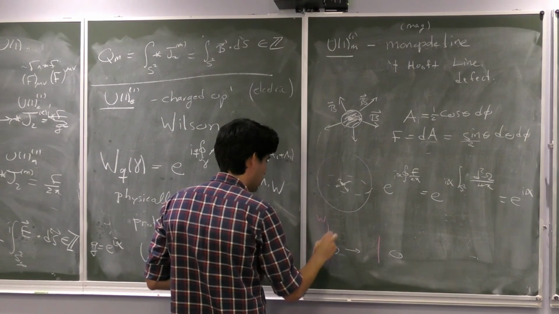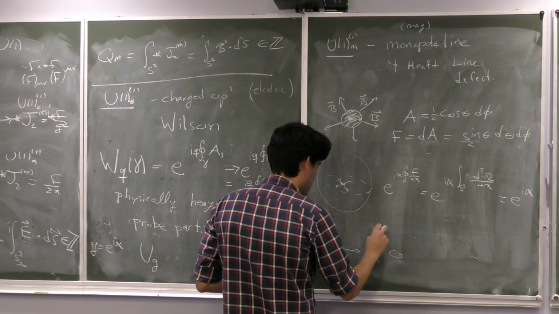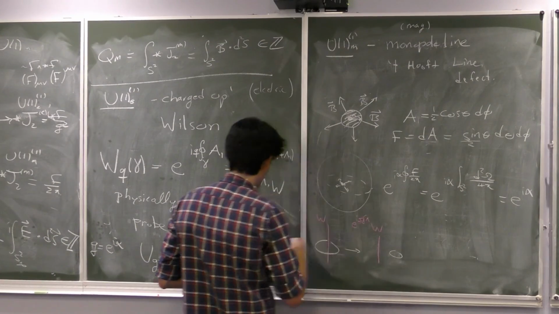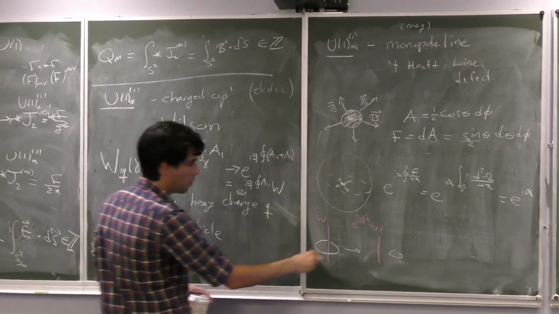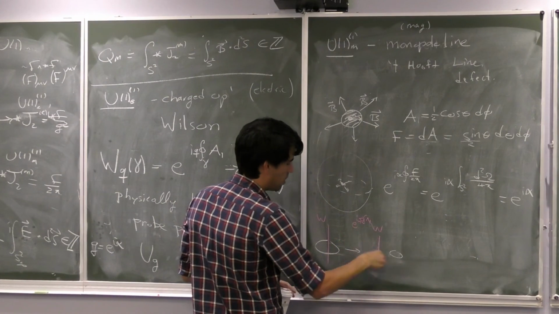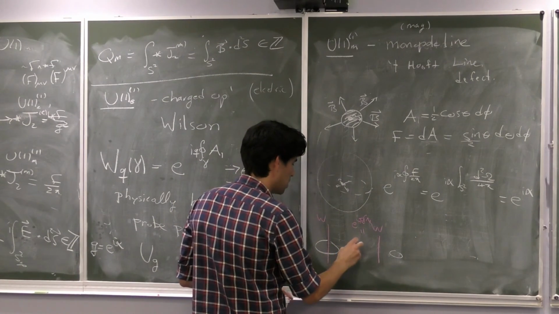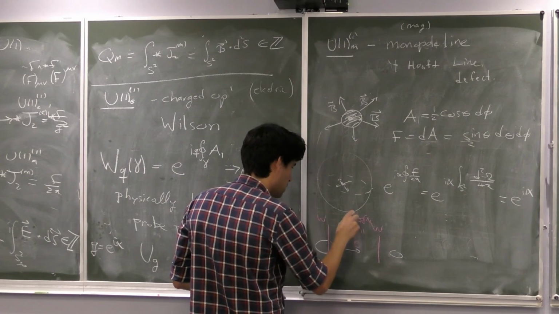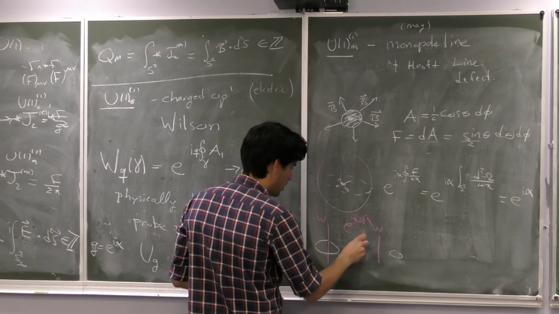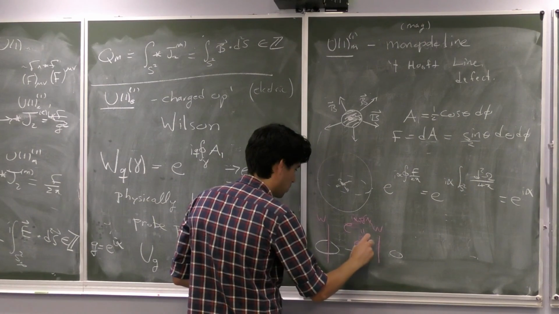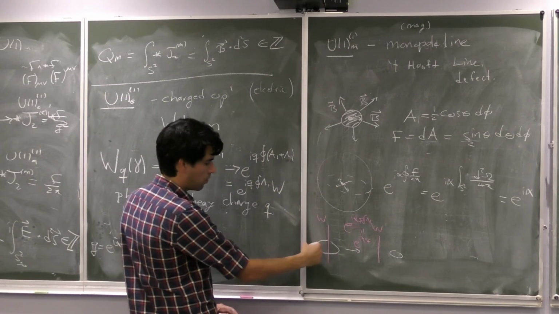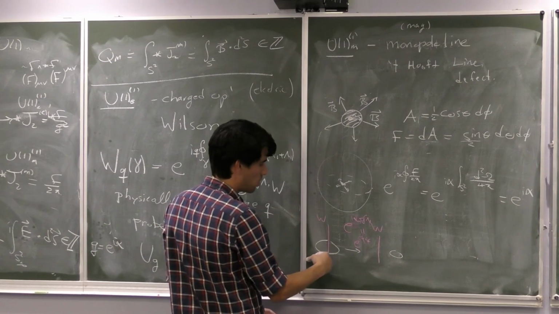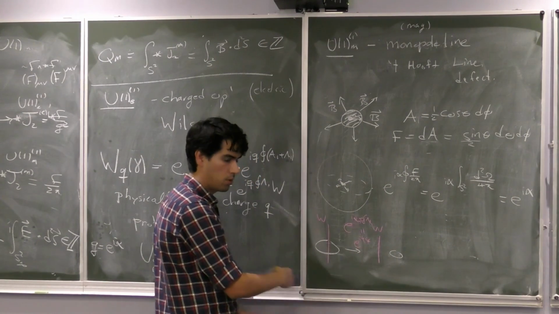Here you can say the Wilson line goes to the Wilson line times e to the i alpha. And then here I'm saying it's the integral of some lambda 1, but what I'm saying is that this is actually going to be equal to e to the i alpha. So essentially if this is a single operator, it has a lambda that's associated to it that integrates to 1 when you cross.